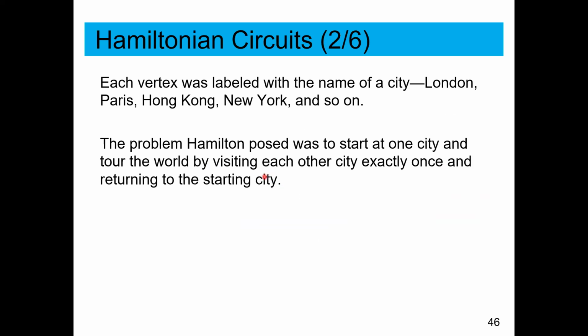Hamilton asked, if each vertex is labeled with the name of a city, London, Paris, and so forth, can you start at one city and tour the entire world by visiting each city exactly once and returning to the starting city? So now that means that we're not hitting any vertex twice. And that is what makes this a challenge.